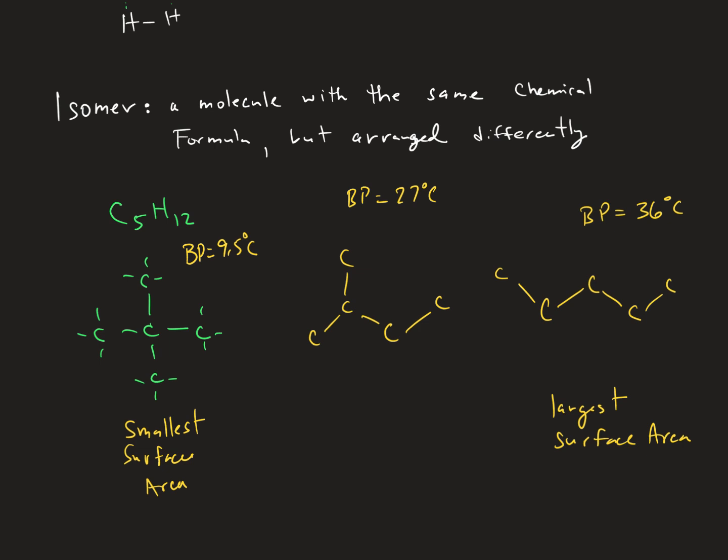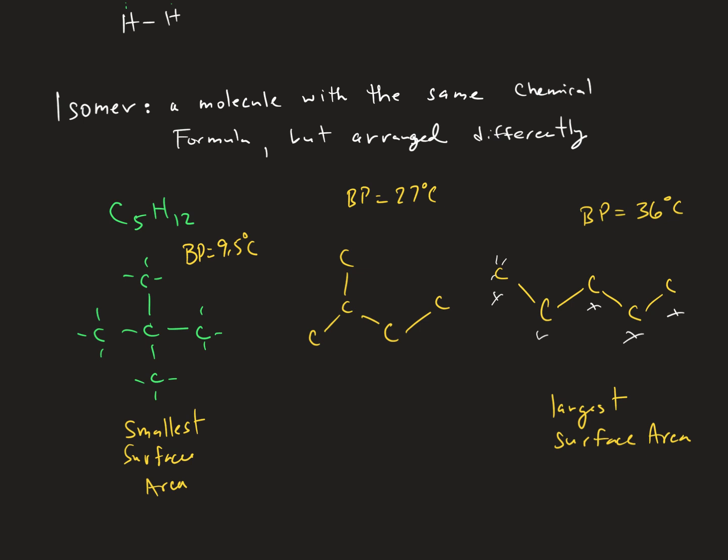Now let's talk about why that is. So if there's hydrogens hooked to these, I'm not going to draw them all, right? But it has more places that it can have the intermolecular forces attracted to it. So there's more forces altogether. Therefore, it's harder to break apart. Does that make sense?